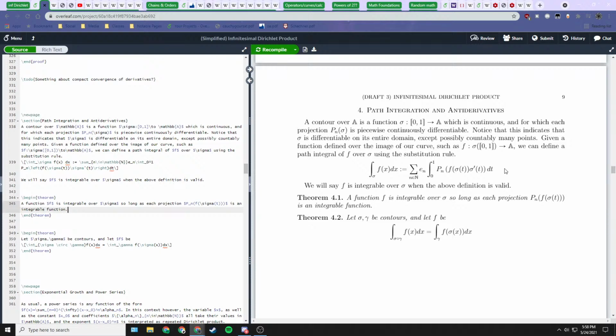So f is integrable over sigma, so long as each projection p sub n f sigma t is an integrable function. So we can also put this in as a definition instead of a theorem. If this were to be a theorem, then the way the above definition would work out, it would essentially just expand the summation definition.